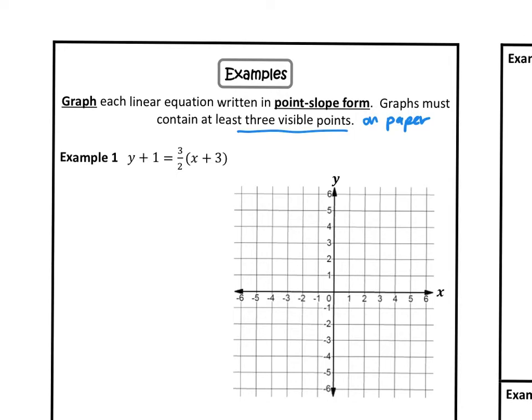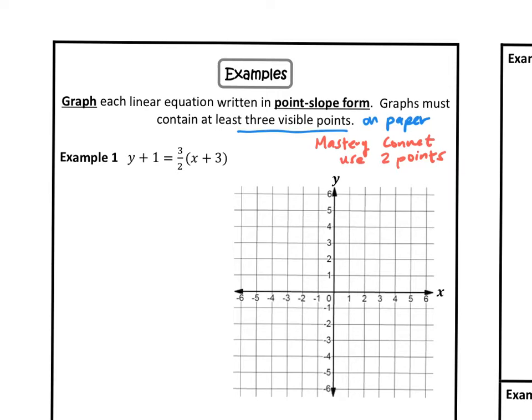But I'll put this in red: on Mastery Connect, use 2 points. Okay. All right, so where we're graphing the point, we have to kind of remember.